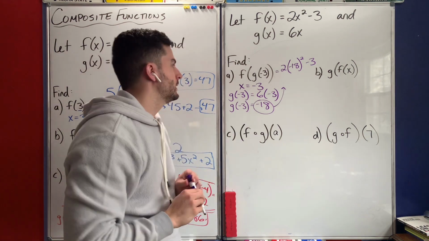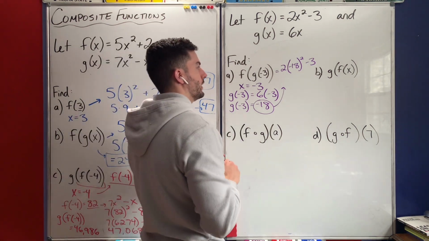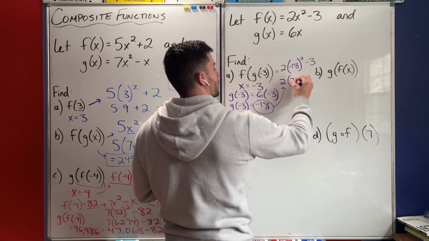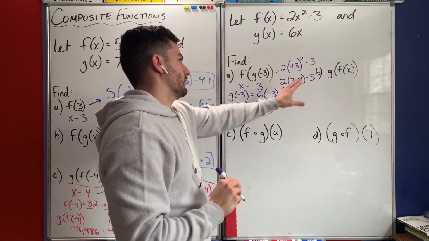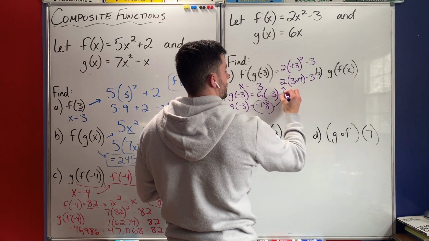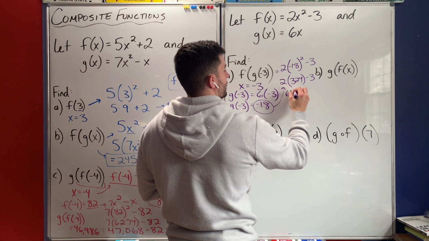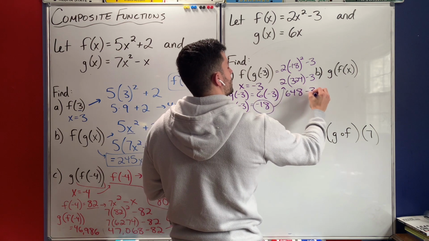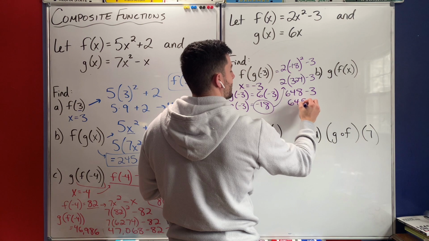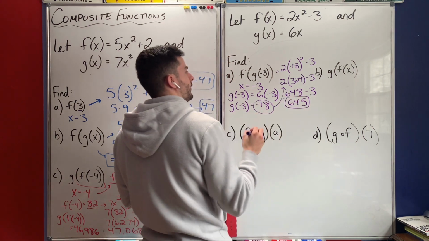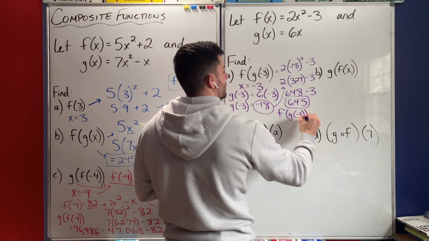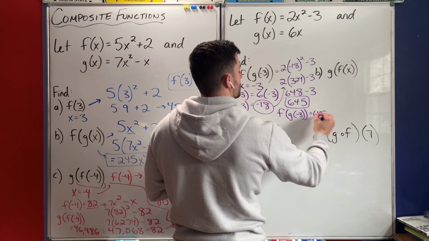Negative 18 squared is 324, then 2 times 324 would give me 648. And then 648 minus 3 would give me 645. So that's my final answer. f of g of negative 3 equals 645.